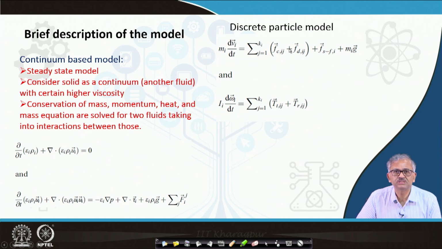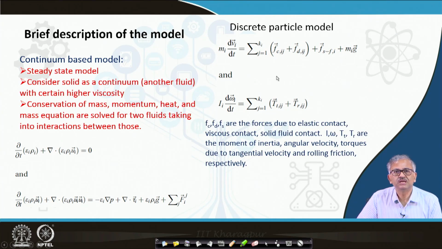And what are the forces you have? Fc, Fd and Fsl. Fc is the force due to elastic contact. When 2 particles come in contact, they can exchange the energy elastically, that is without any dissipation, then elastic force. And then viscous contact, that is basically the damping force.